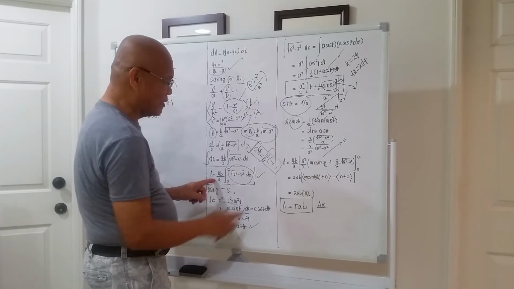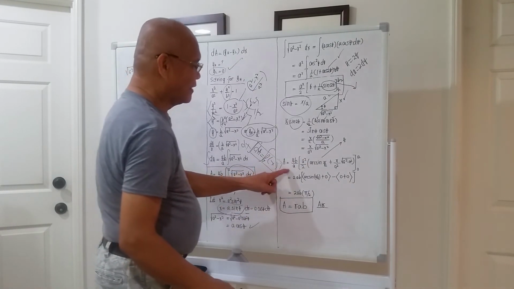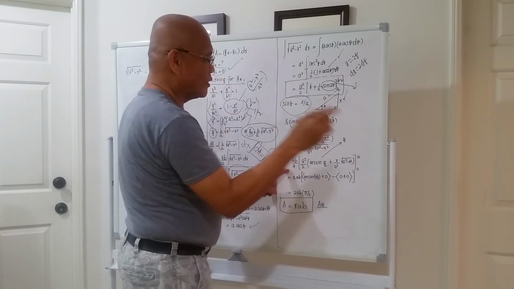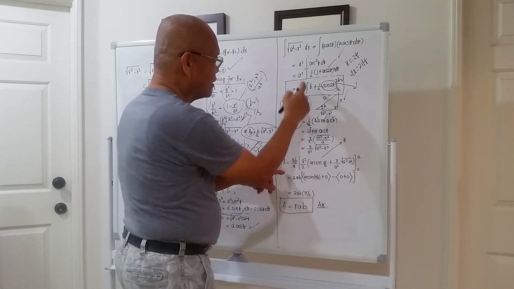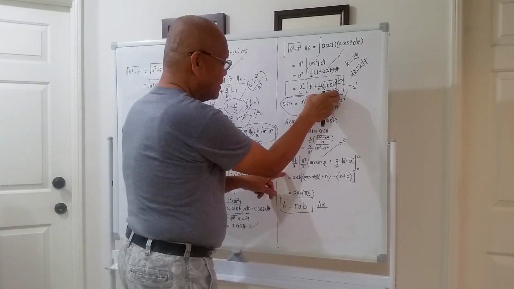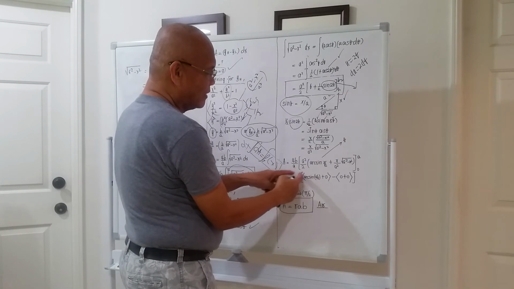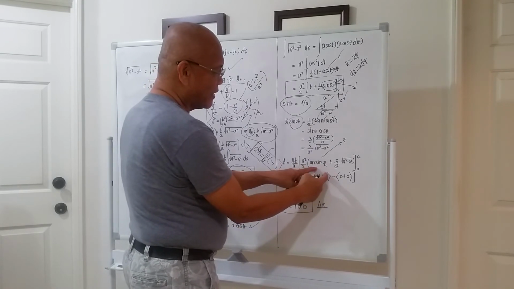So this should be 4b over a times the integral of this, which we take separately. It is actually a square over 2 times this, or this should be a square over 2. Theta is arc sine of x over a.